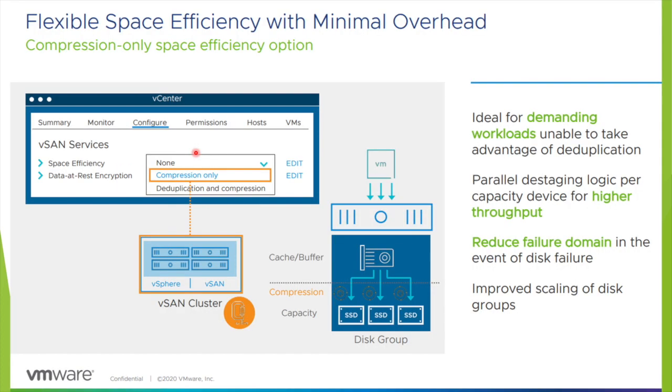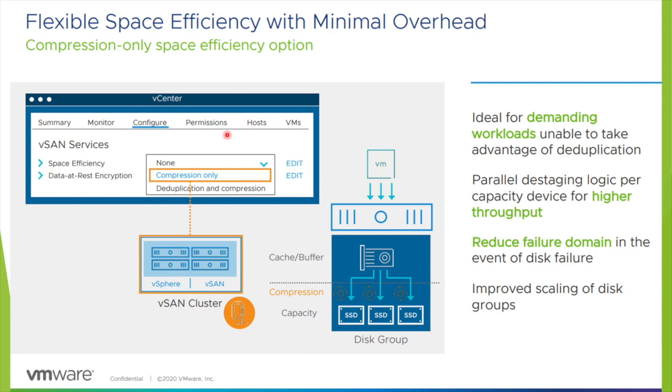Before that, let's have a look at this one: flexible space efficiency with minimal overhead, a compression only space efficiency option. We all know that dedupe and compression were included in vSAN, and it was recommended that you start using them from day one, when you start using your vSAN cluster, so you avoid any downtime. Now they have again listened to the customers, mostly managed service providers.